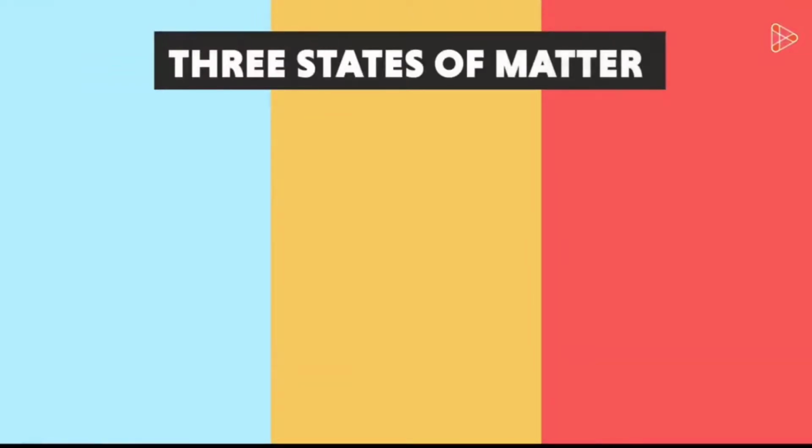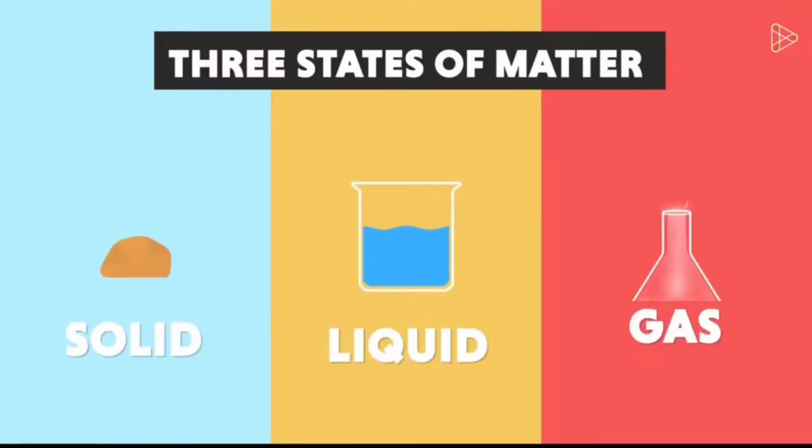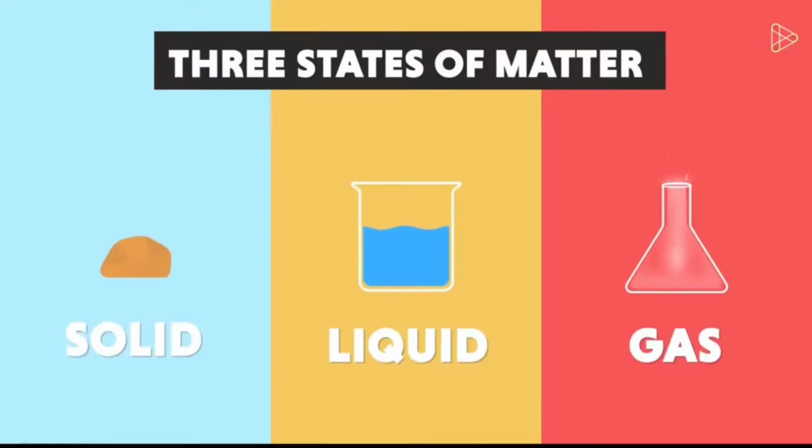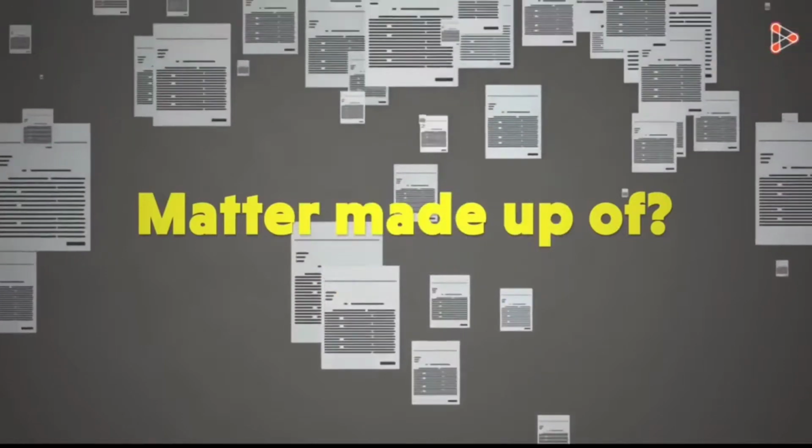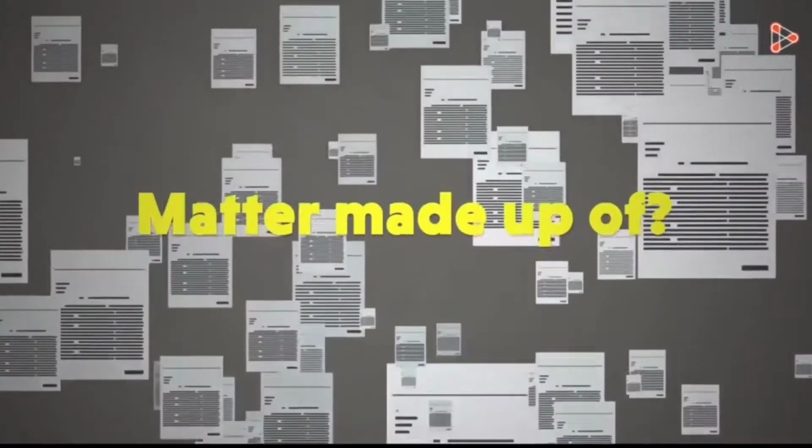And what are these three states of matter? That's right, they are solid, liquid and gas. But have you ever thought about what the matter around us could be made up of? Well, this question is not new and has been addressed a long time ago. Many people have made an attempt to answer it. Let us have a look at a few of these philosophies and theories.